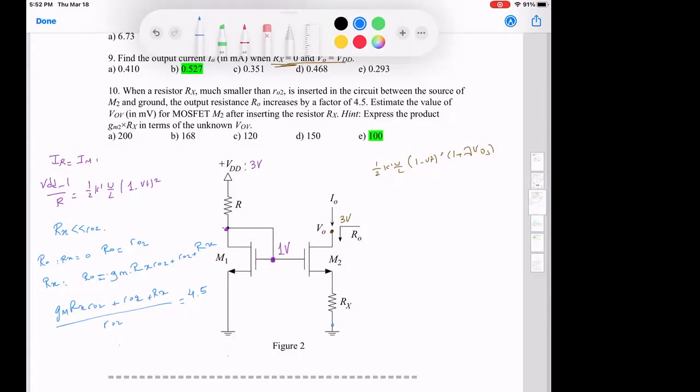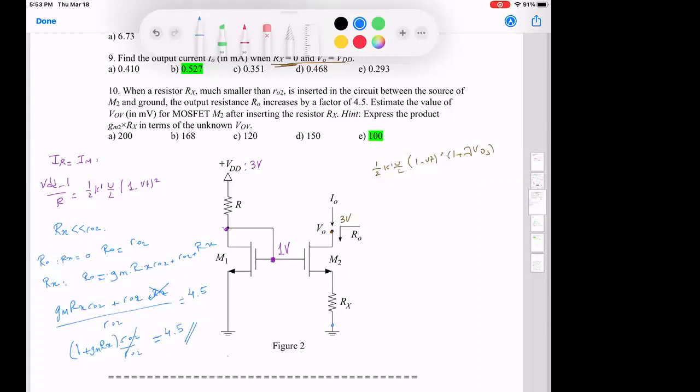So either I can get rid of this term, and in this scenario I will have 1 plus GM RX times RO2 over RO2, where the RO2 in the denominator cancels, equal to 4.5. Or let's see what approximation we can take.